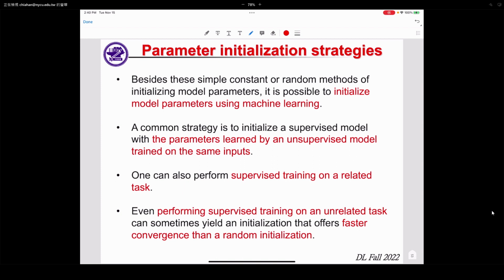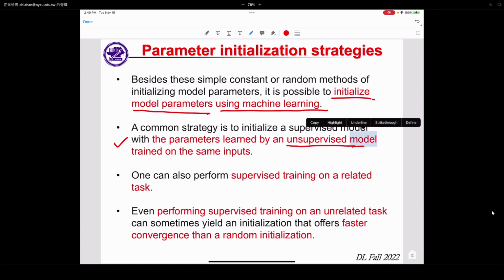But we have some more advanced methods, like initializing the model parameters using machine learning. We have several methods. The first is that you can use an unsupervised model trained on the same input, or a supervised model, do some training, and then use the values you get as the initial values.